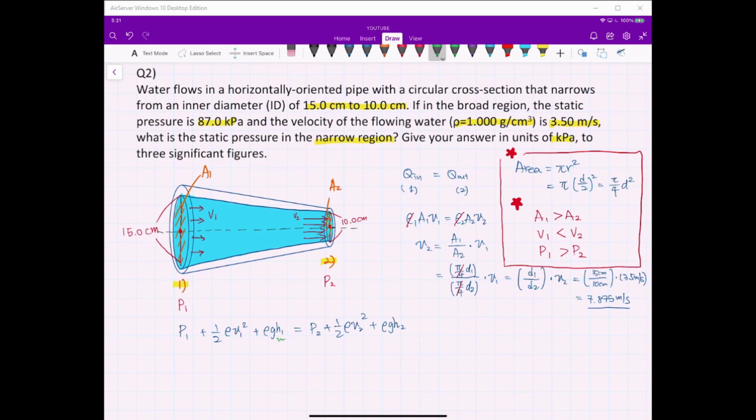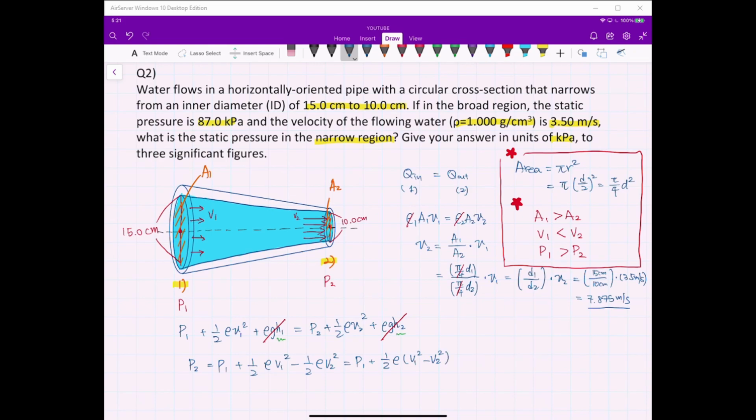So there is no difference in h1 and h2. In fact, you can cancel these two. So to find the P2, that is equal to P1 plus 1/2 rho V1 squared minus 1/2 rho V2 squared. That is equal to P1 plus half rho (V1 squared minus V2 squared) in parentheses.